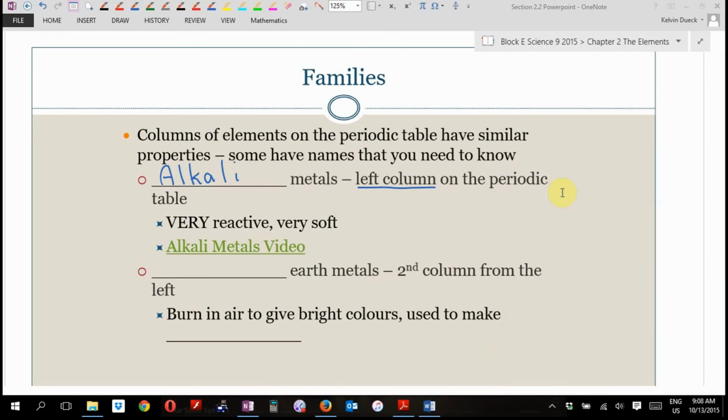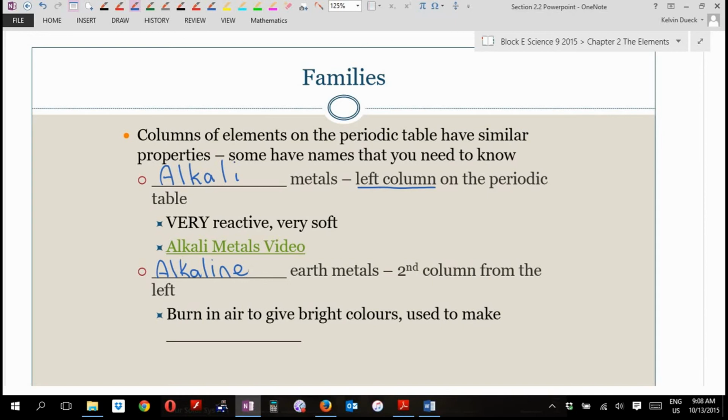The second type is column number 2 from the left, which I think is also labeled on your periodic table. These are called, it's almost spelled the same way, except I think there's an N, alkaline earth metals. These are actually cool because if you apply enough heat, they'll burn in air, and they burn with bright colors.